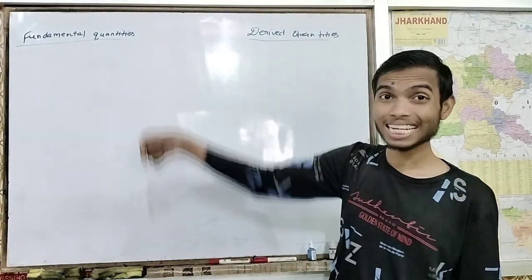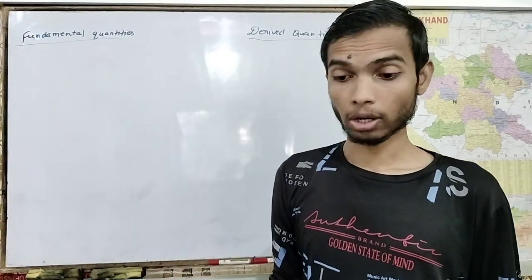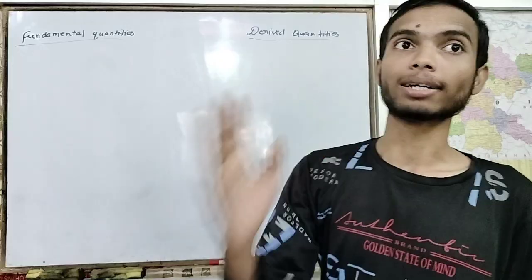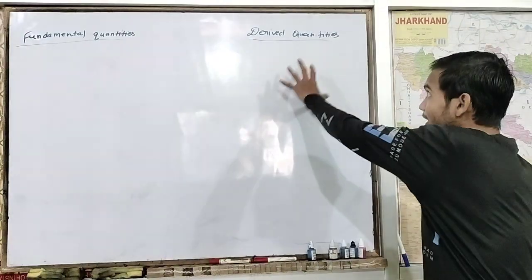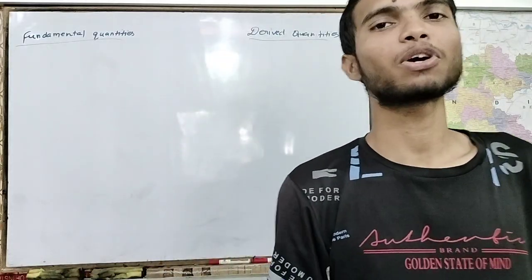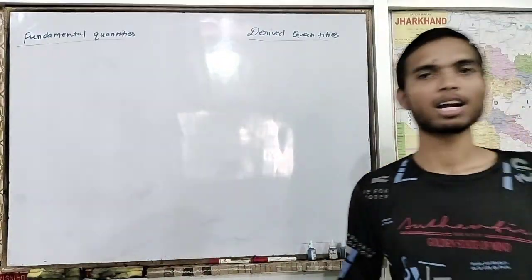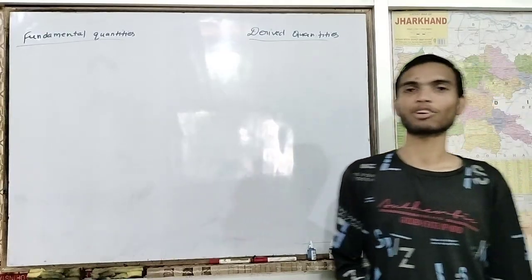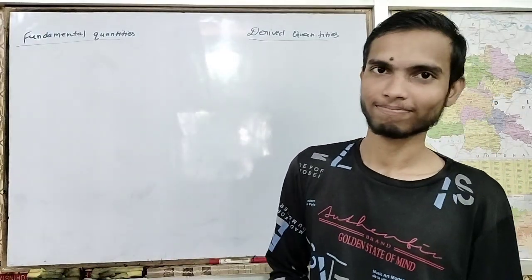They make themselves quantities without depending on others. But derived quantities will be created by using fundamental quantities. Did you understand the meaning of fundamental quantities and the definition of derived quantities?